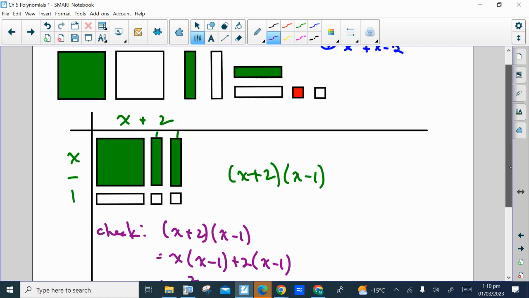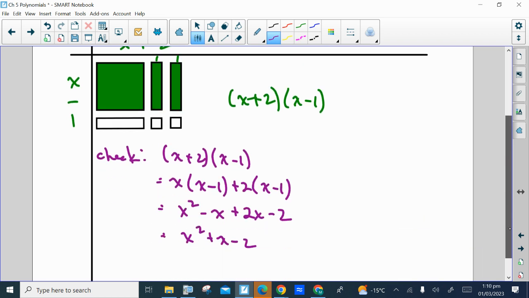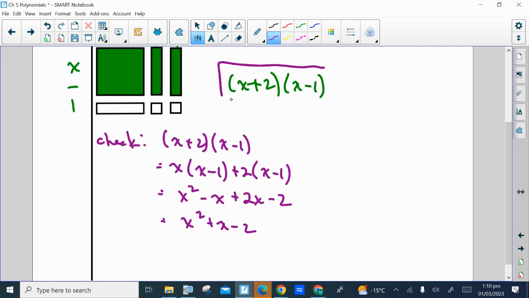That is what we started with, x squared plus x minus 2. So we have just shown that these are the correct factors. Factors are things that multiply together to get what you start with. We have just shown that those are the correct factors because they do multiply together to get what we started with. Right? We went from a sum and difference of terms to a product of two factors. That's what we did.